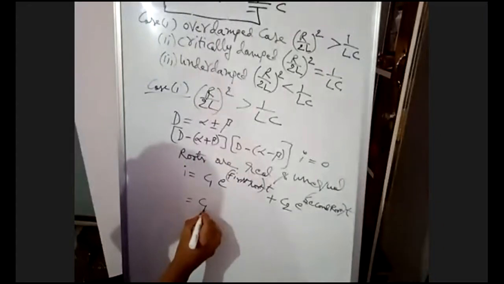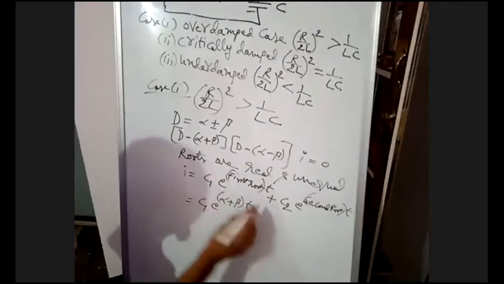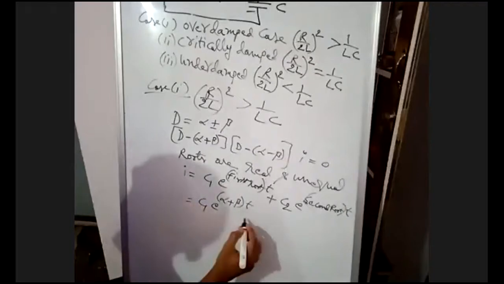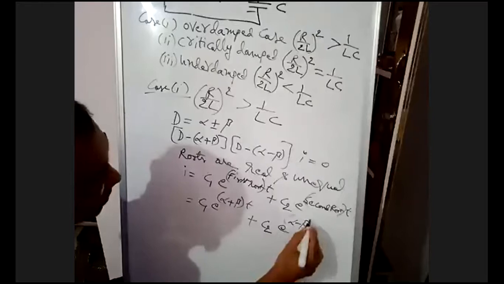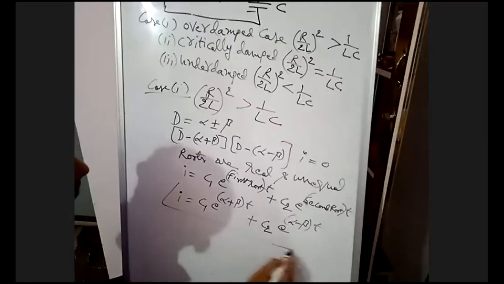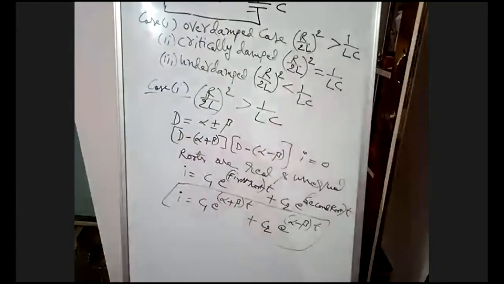That is equal to C1 into e power alpha plus beta into t, and if you are having minus here, we'll get plus, if you are having plus, we'll get minus, C2 into e power alpha minus beta into t. This is the solution for the current if roots are real and unequal.